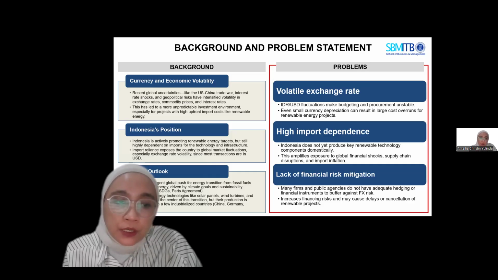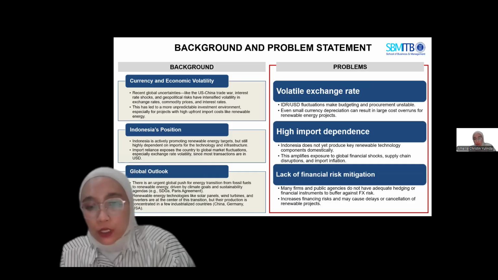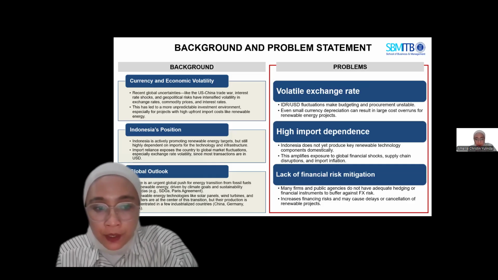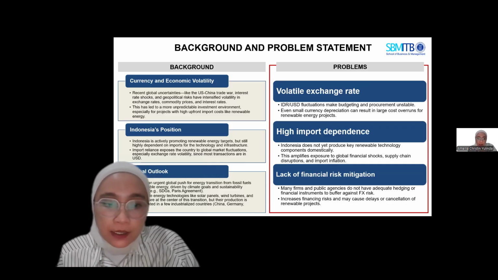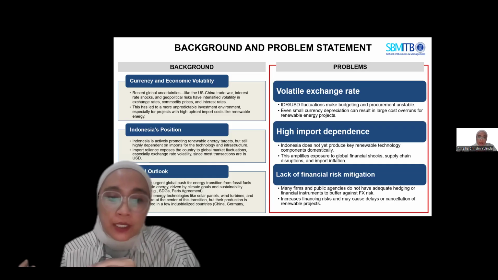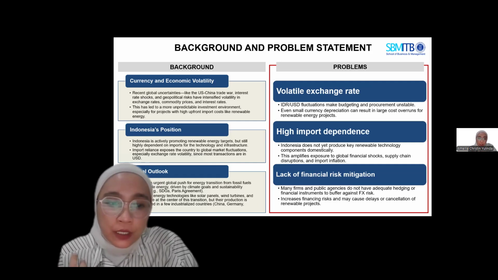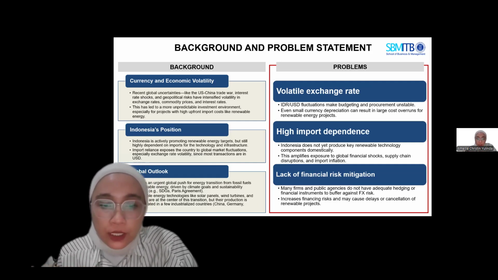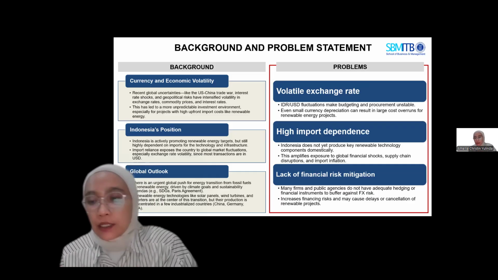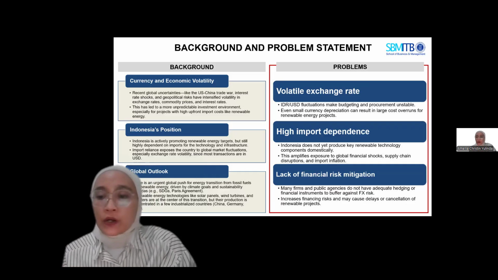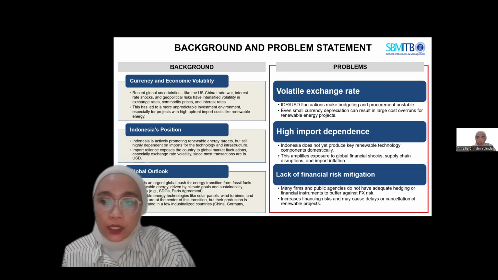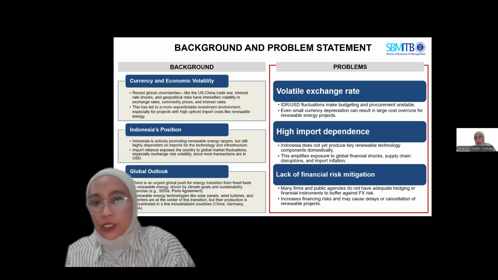Renewable energy technologies like solar panels, wind turbines, and inverters are at the center of this transition. But their production is concentrated in a few industrialized countries like China, Germany, and USA. Very rarely does it come from local or domestic industry.